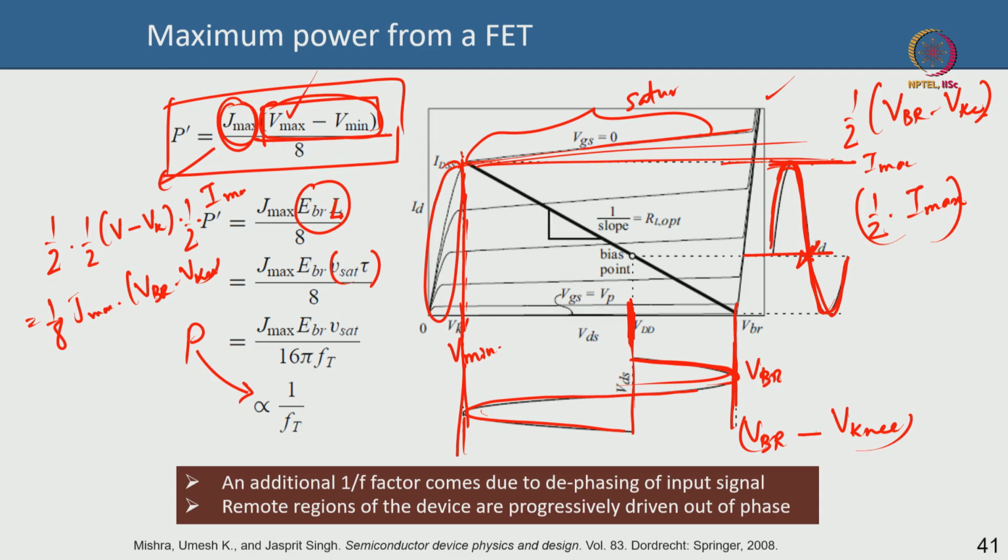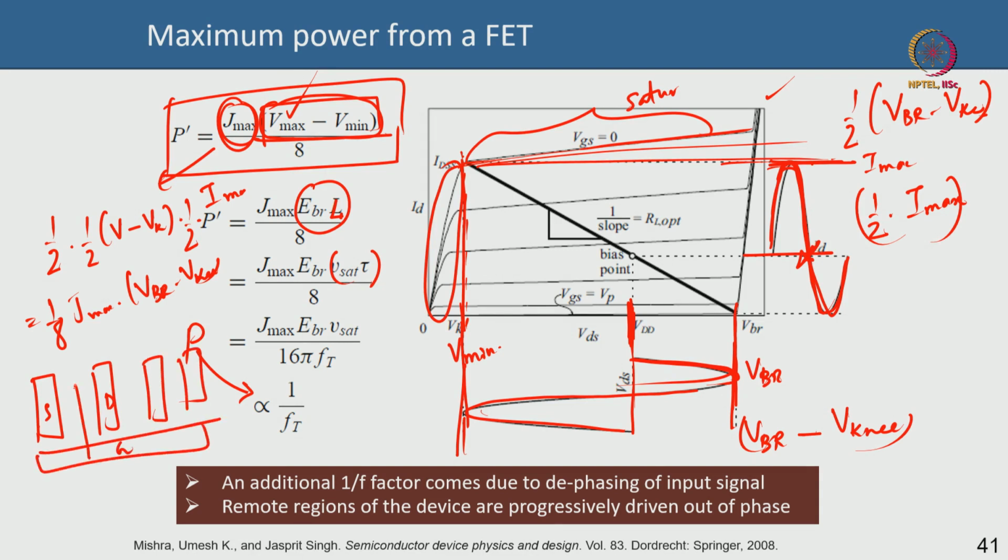However, in reality, when you have multiple sources and multiple drains for an actual device, you will see that there is a gate here, the gate feeds everywhere, right. Now, what happens in RF is that it is a distributed network, and as the RF signal propagates, there is something called dephasing, which means the phase coherence need not necessarily be maintained when your device dimensions are big.